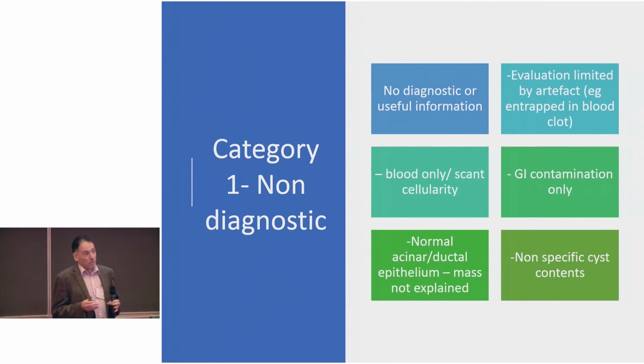You might just get normal acinar and ductal material, and you may then not be sure, if there is a lesion, whether it has actually been sampled or whether it is just benign material. And if one gets non-specific cyst contents, such as histiocytes, one can really just say it's a cyst, but you can't really go any further than that.